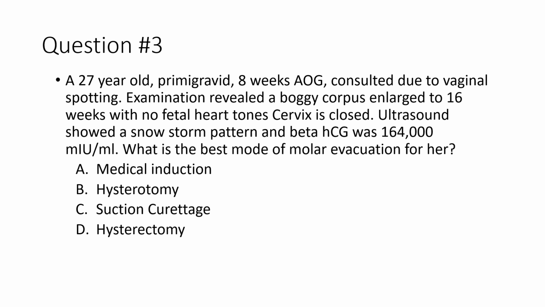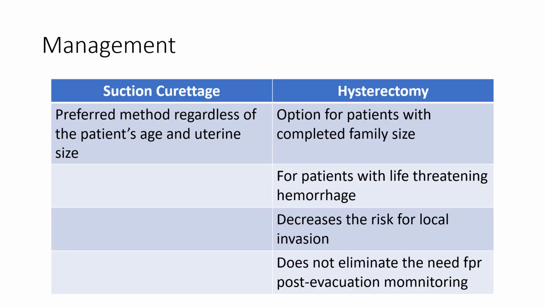So let us see how H-mole is treated. Suction curettage is the preferred method regardless of the patient's age and uterine size. Hysterectomy is an option for patients with completed family size and for patients with life-threatening hemorrhage; it decreases the risk for local invasion, and does not eliminate the need for post-evacuation monitoring.